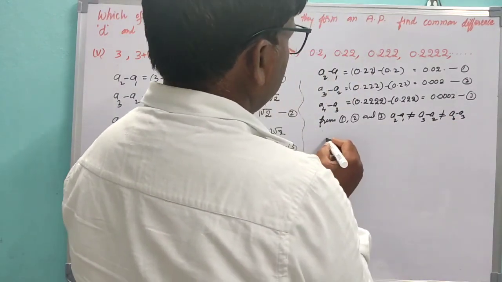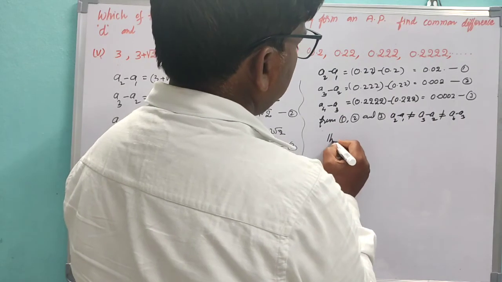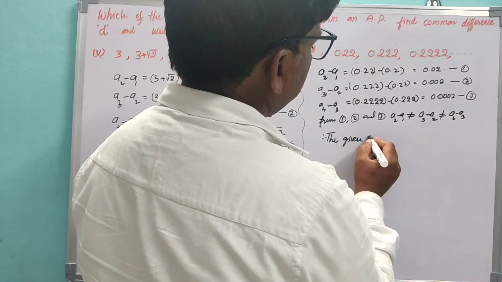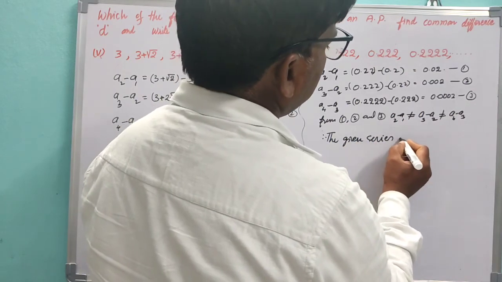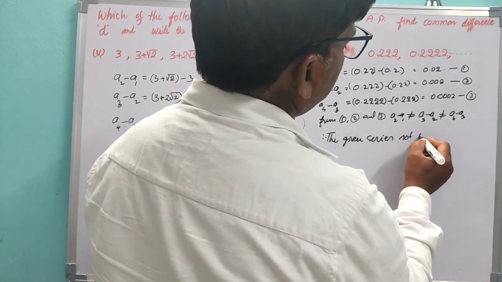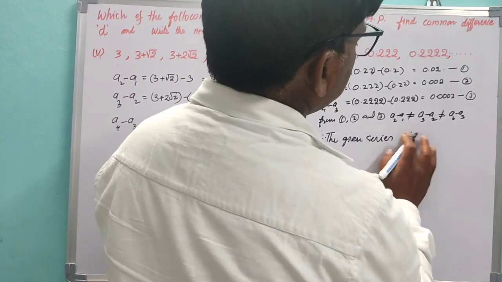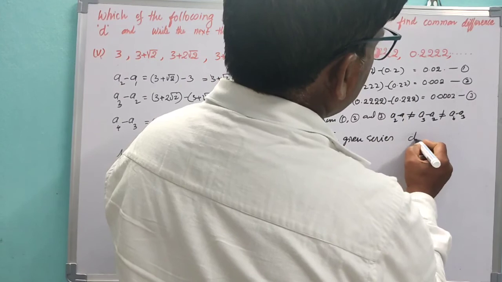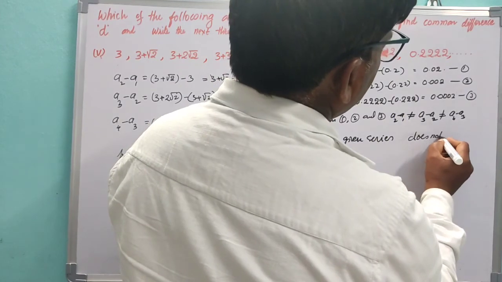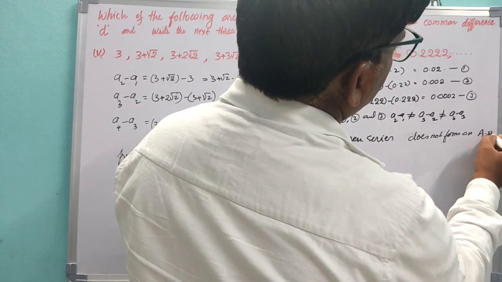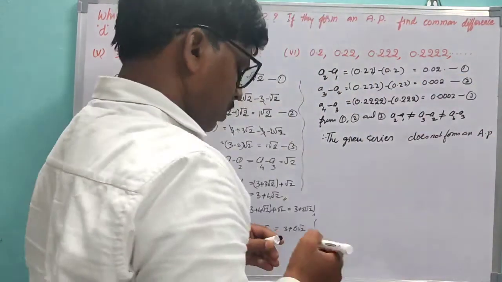Therefore the given series does not form an AP. It is not an arithmetic progression.